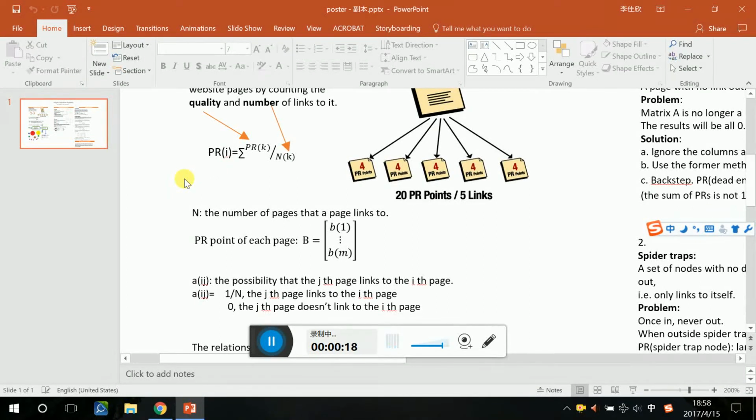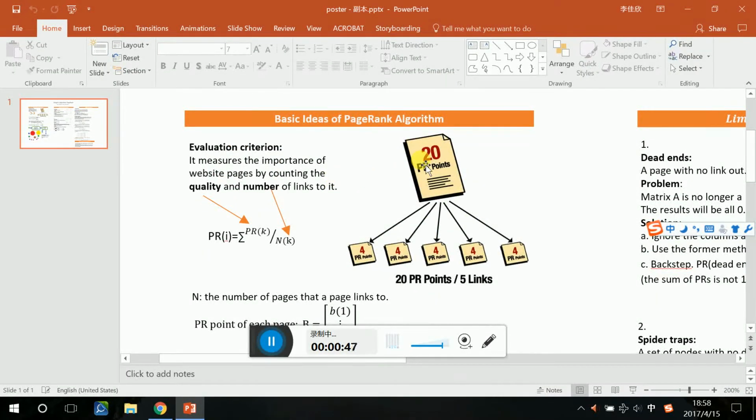The point of a page equals, first you divide the points of another page by the number of pages that page links to, and then sum them up so that you get the points of this page. That means if a page K has 20 points and it points to 5 links, each page will receive 4 points.